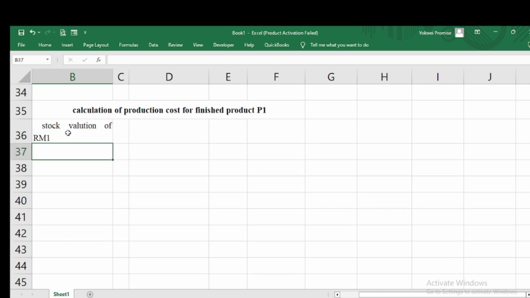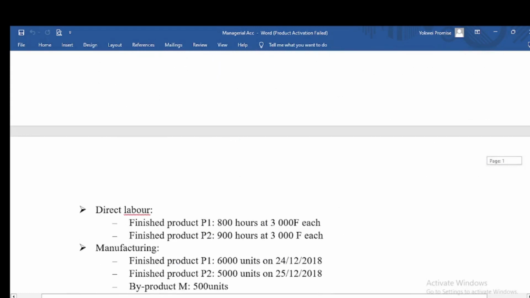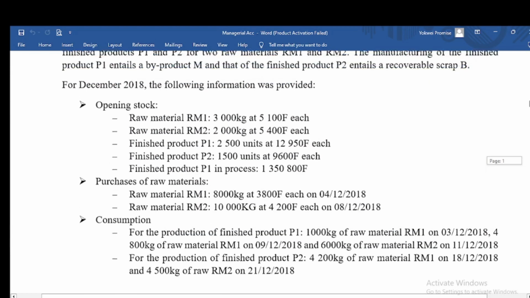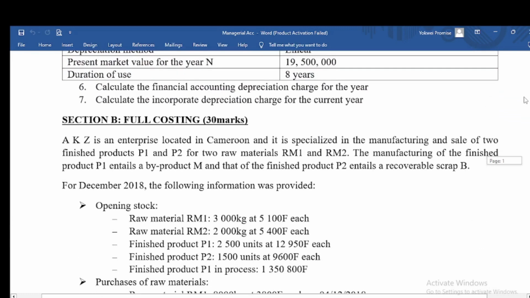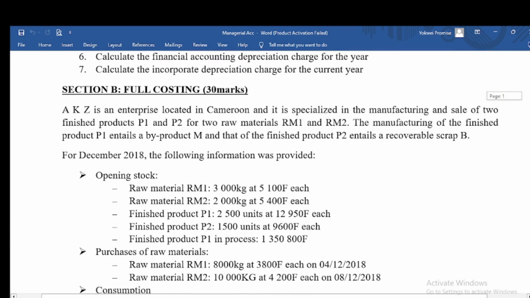So please, we are doing for raw material M1, and then if we do for raw material M2. Let's take a look at the question again. Since the main finished products that we have are P1 and T2, and they were prepared using raw materials M1 and M2, that's what we are doing here.